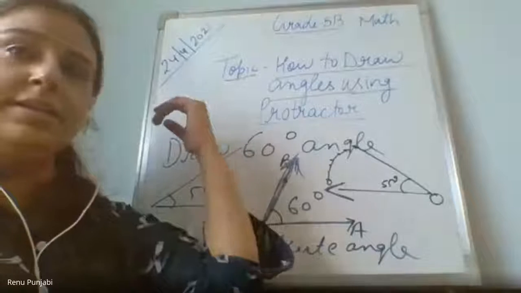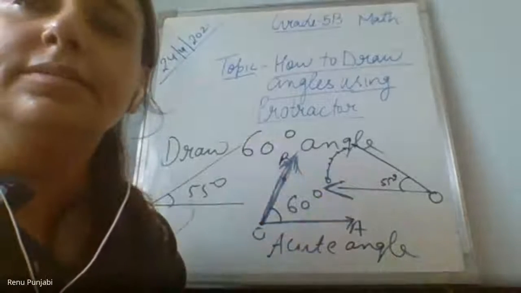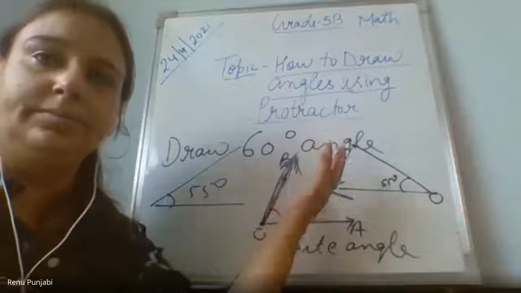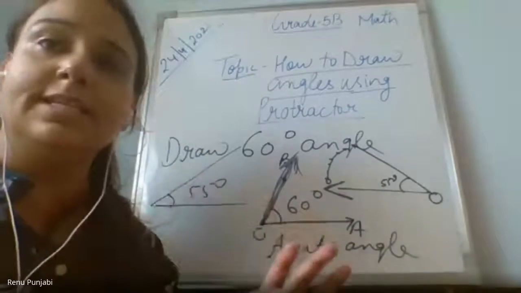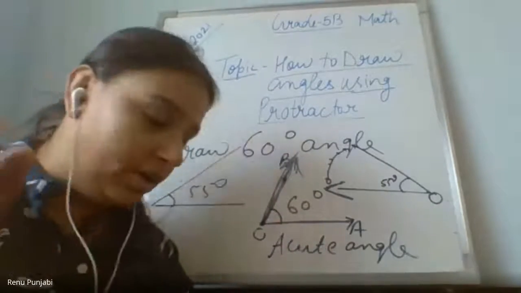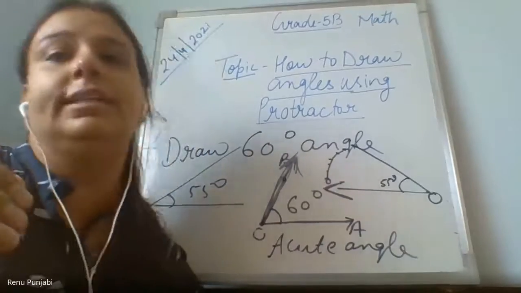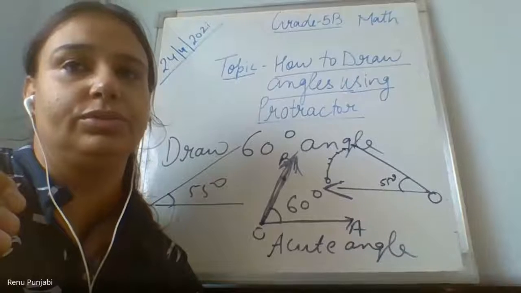Ma'am, it is really a right angle. Or is it less than a right angle? Okay, you do one thing, you observe this and see this with your actual by yourself and then do it, and then we'll discuss the answers tomorrow.